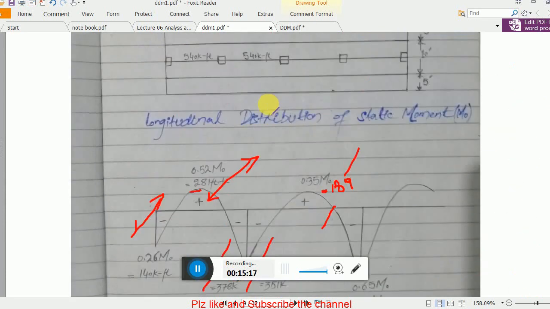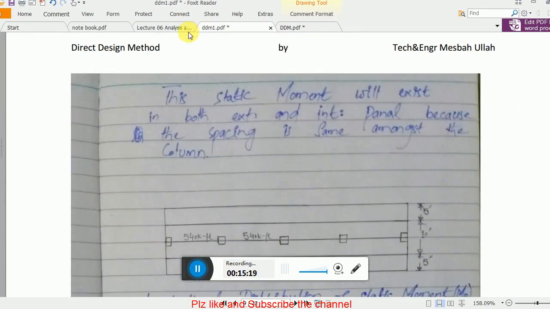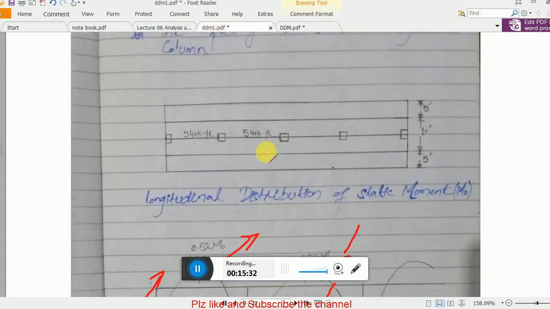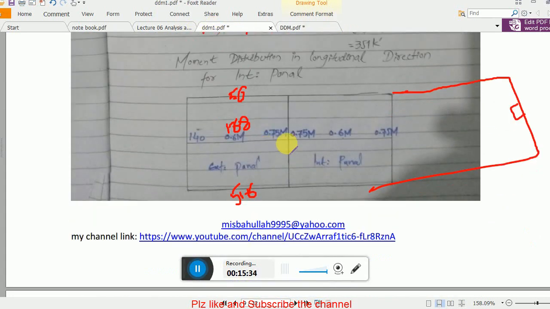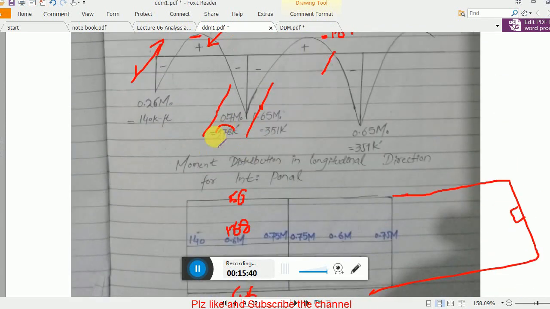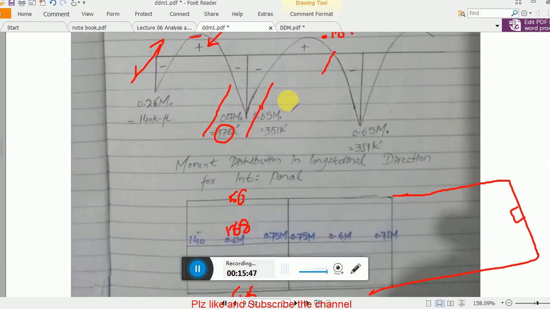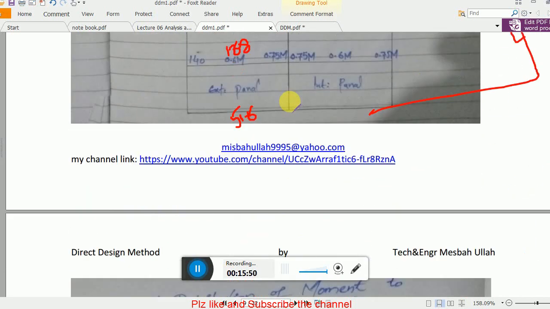Let me show here. At this point, 168 moment will be absorbed here, and 56 will come here, and 56 will come here. Clear? Now again you have to take 75% will be absorbed here. 75% of 378. I take 0.75 times 378, which gives me 283.